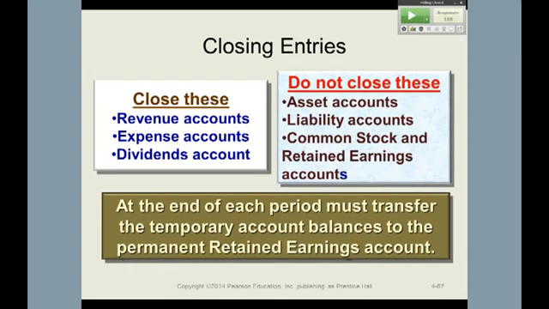I transfer it to retained earnings. So the next closing entry, closing entry C, will debit the income summary and credit the retained earnings account. So revenues and expenses go to income summary, and income summary goes to retained earnings.